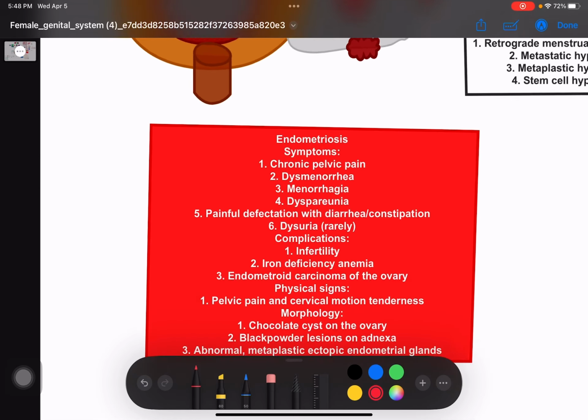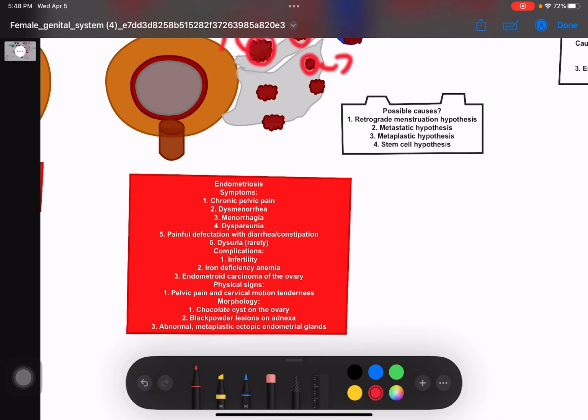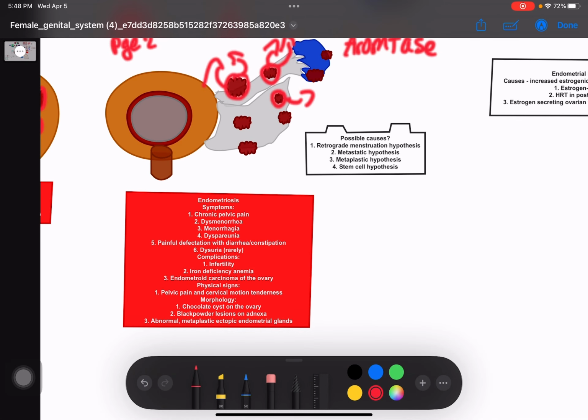So endometriosis symptoms. Now it's chronic pelvic pain, depending on where those endometrioid tissues are aligned. Consequently, those will cause symptoms that are associated with that location. For example, if it's in the rectovesical pouch, near the rectum and the bladder, it is going to cause painful defecation, right?